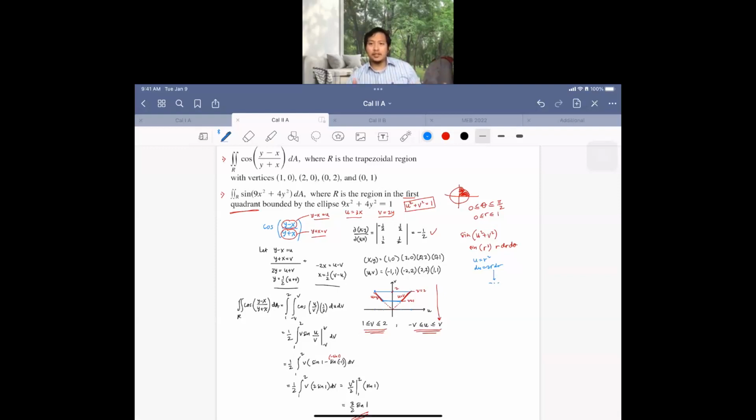You can actually use this in any calculus type question. When you want to simplify some equations so that they can be easily integrated, you can use the change of variable. Any questions?